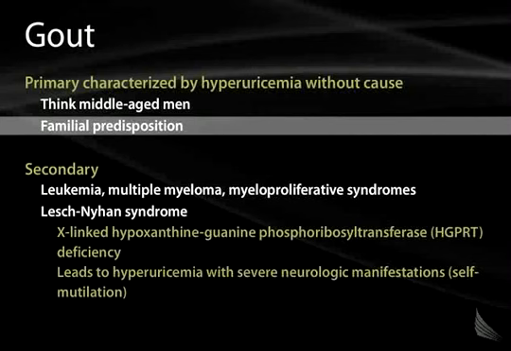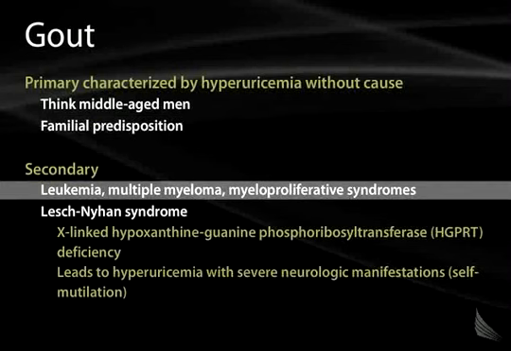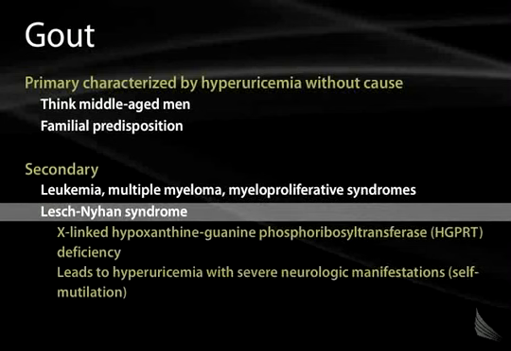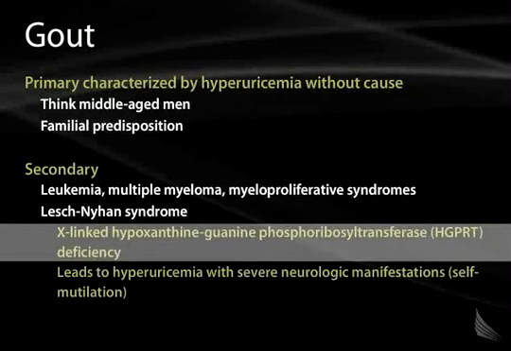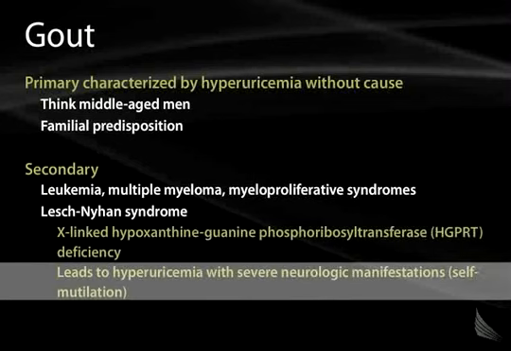Think about hyperuricemia that may result from the various leukemias and multiple myeloma, and also the myeloproliferative syndromes. Lesch-Nyhan syndrome, which you may remember from the genetics lecture, an X-linked disorder that leads to an HGPRT deficiency, presents with gout in children who are also prone to mental deterioration and self-injurious behavior.